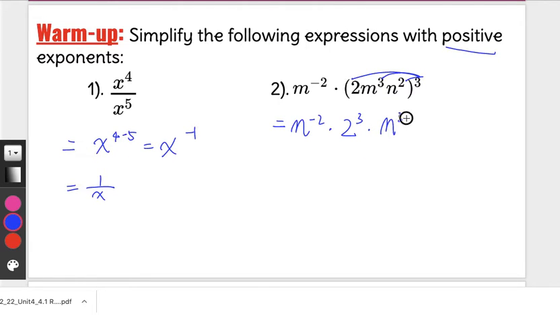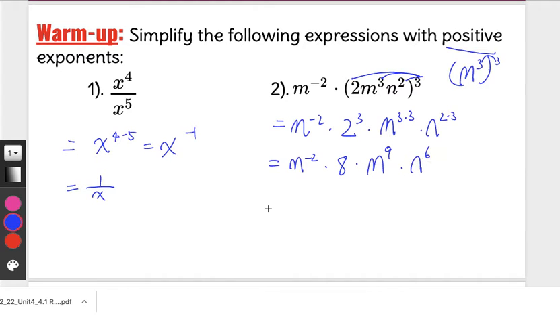This is going to be m to the 3 times 3. And also the last part is n squared, then to the third power. When we deal with this, we multiply these exponents together. So now let's write them out. 2 to the third power is 8, and m to the 3 times 3 is m to the 9, and n to the 2 times 3 is n to the 6th.